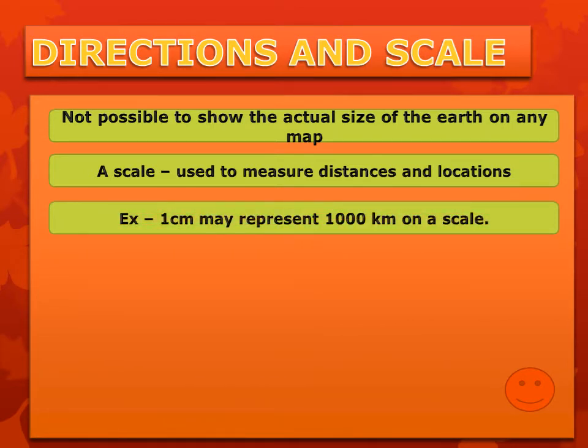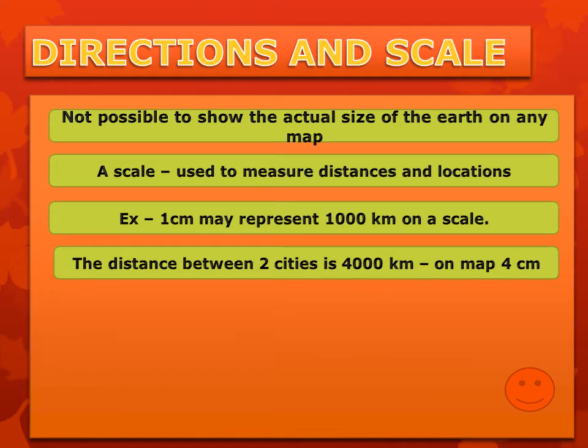For example, suppose 1 centimeter is there. So 1 centimeter may represent 1000 kilometer on a scale. That means in map, if it is 1 centimeter, actually it is 1000 kilometer on the land.